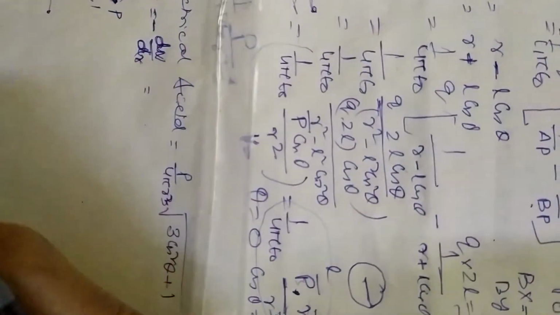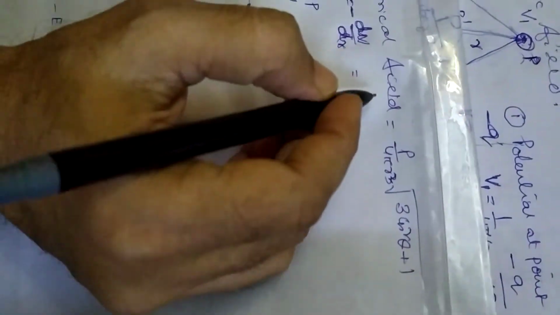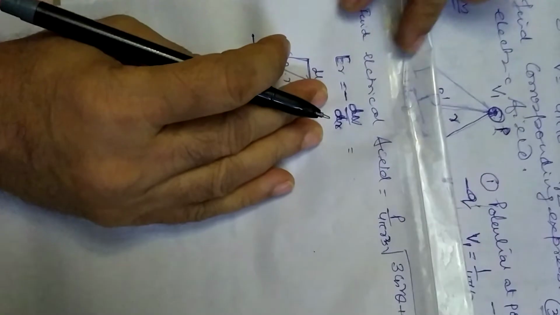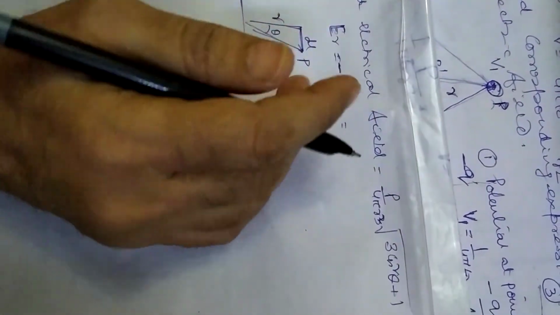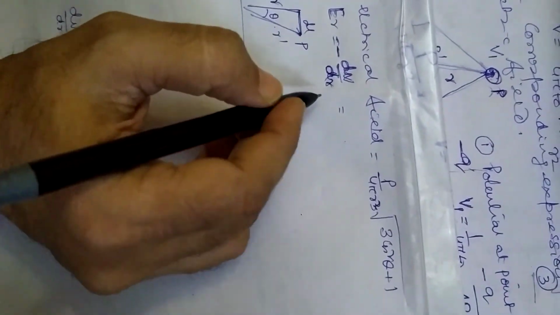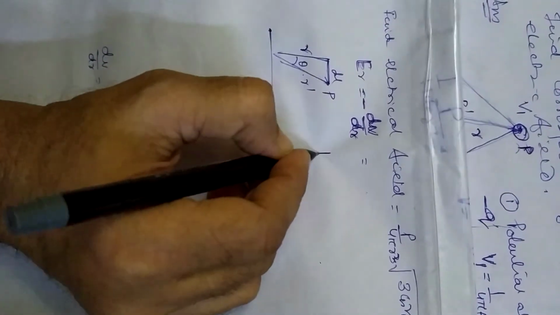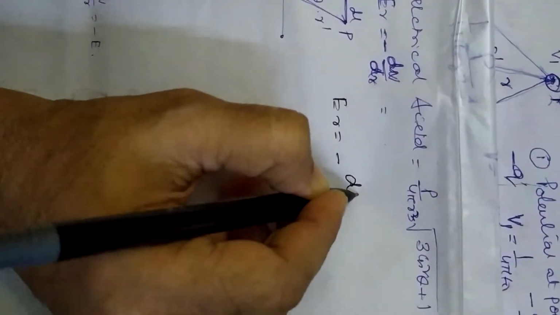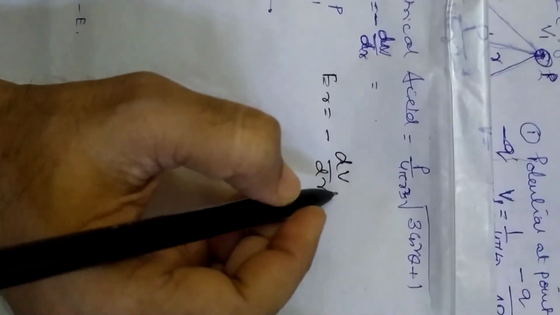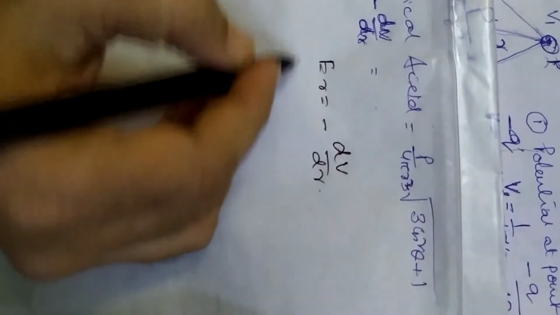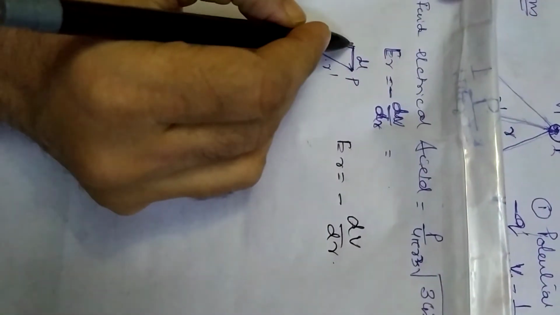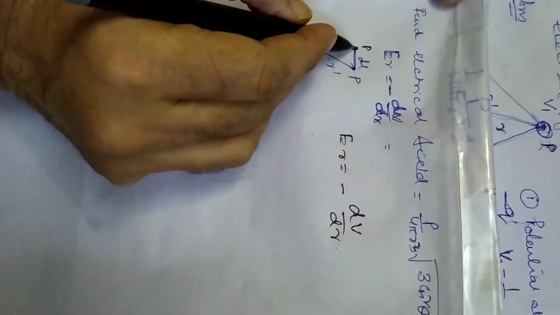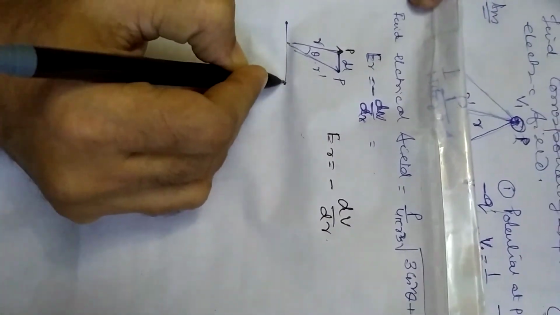Clear? Now let us do another thing. Find the electric field from that expression. So we will be writing that E equals minus dV by dr, so we get the value of ER equal to minus dV by dr. Here we take the position at this point, and suppose this is the radius vector of this dipole.